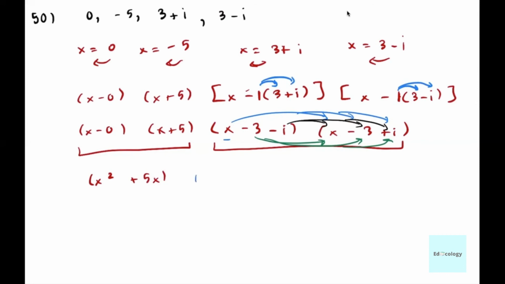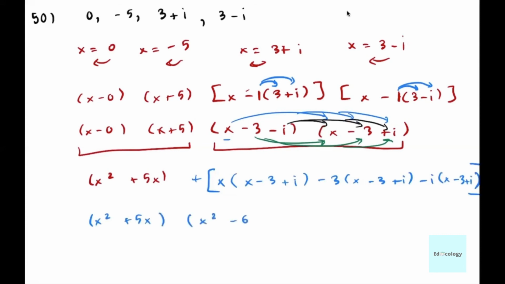You will basically do it like that, okay? And then when you simplify this, you will get x squared plus 5x times x squared minus 6x plus 10. And you will finally get your final answer, x to the power 4 minus x cubed minus 20x squared plus 50x equals 0.